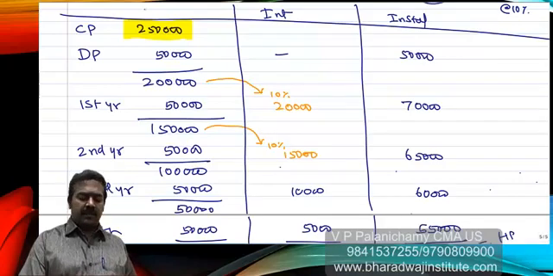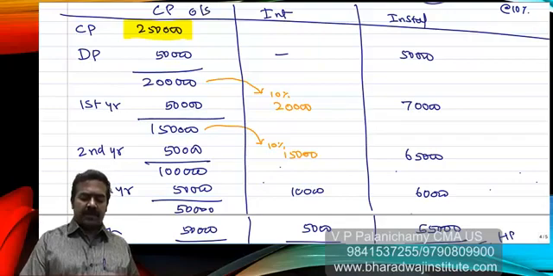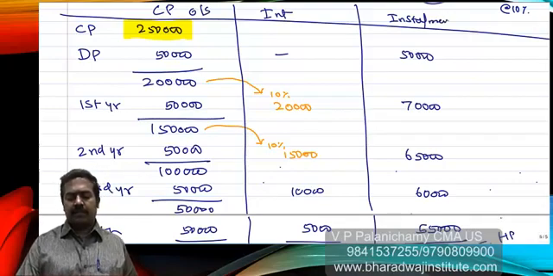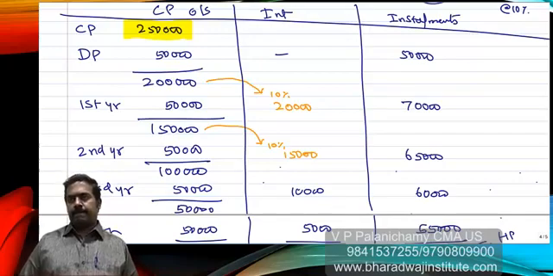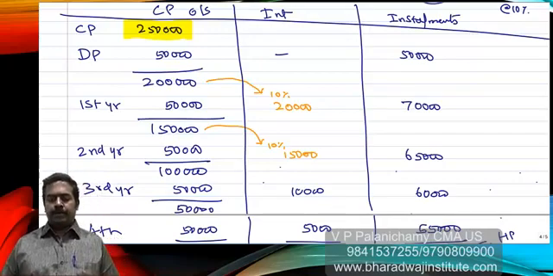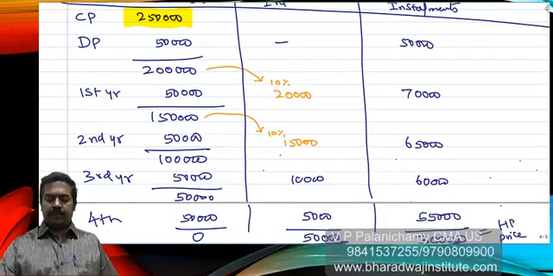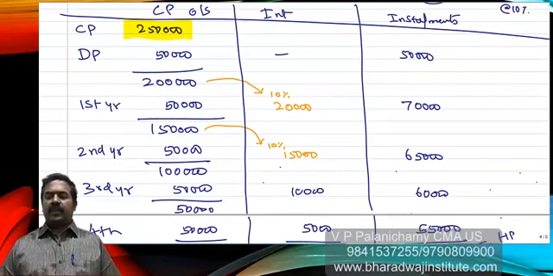So columns will be like cash price outstanding, interest, installments.